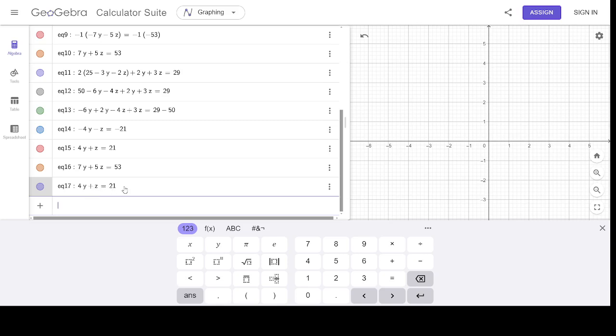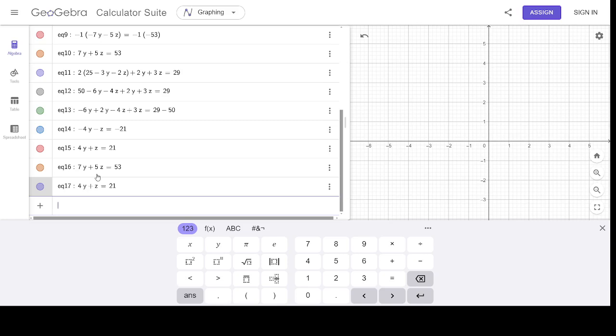So in this case, we can use the elimination method. If we look through the two equations, you will find that we have 5z here, and here we have z. So it's easy to eliminate z because we'll only need to multiply equation 17 through by 5 to make z have a common number.